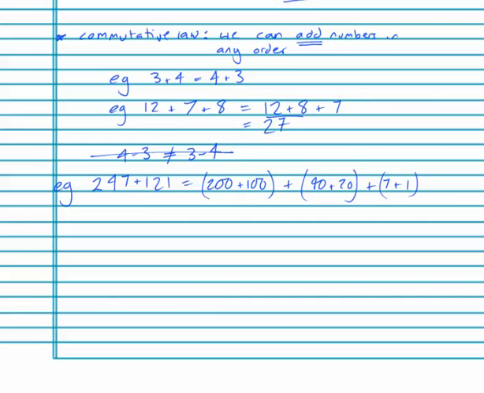So I've just broken each number down, 247, 121, into their different place values, and as long as none of these go over 9 in a spot, I'm going to have 368.